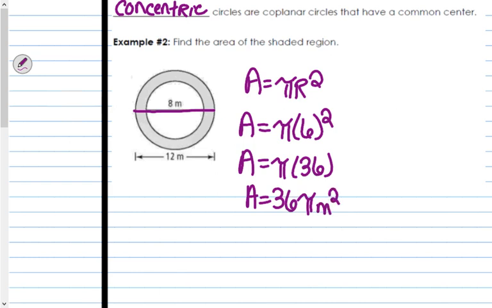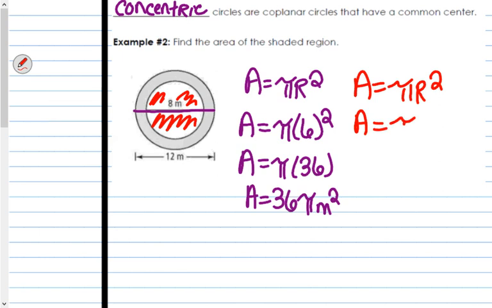I need to get rid of all of the white. Okay, so I'm going to have to find the area of the white and subtract it. Okay, I should not have covered up the 8 so I don't get confused. So the area of the smaller circle is also pi r squared. Its diameter is 8, so the radius would be 4. 4 squared is 16.